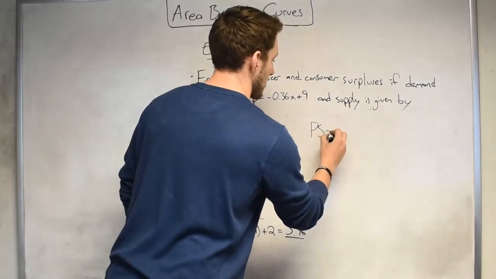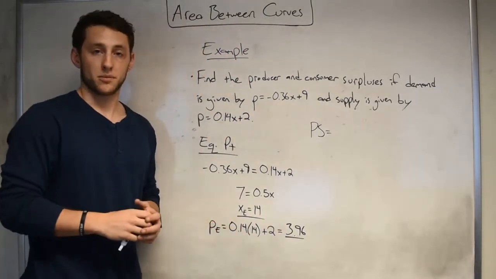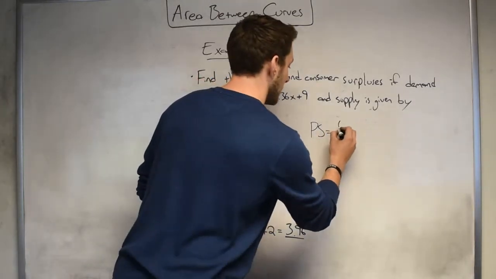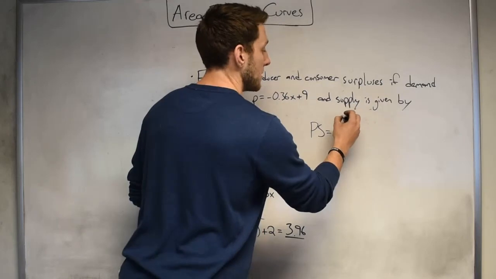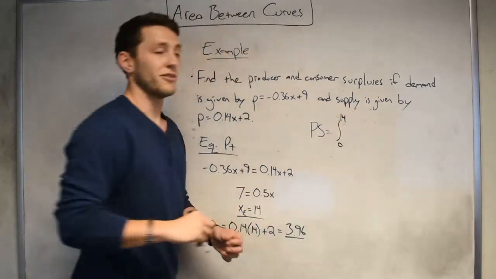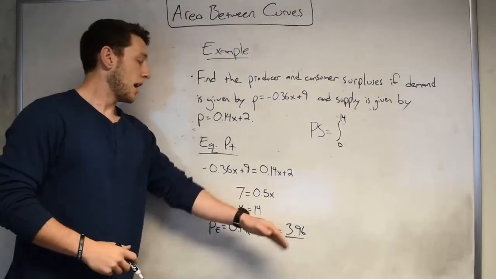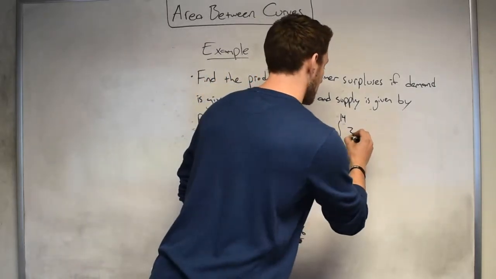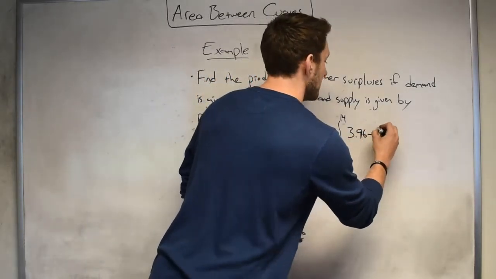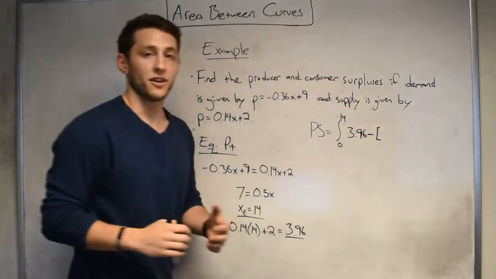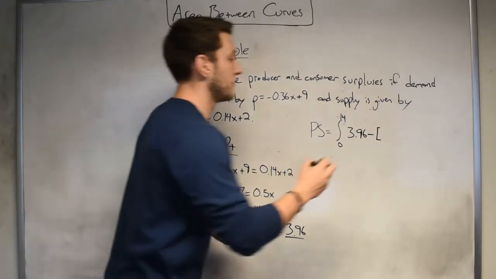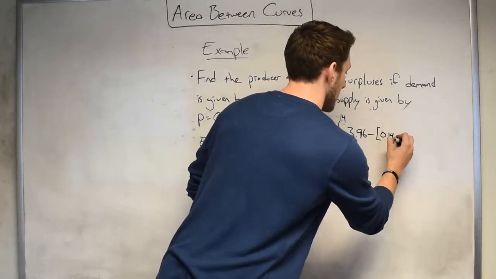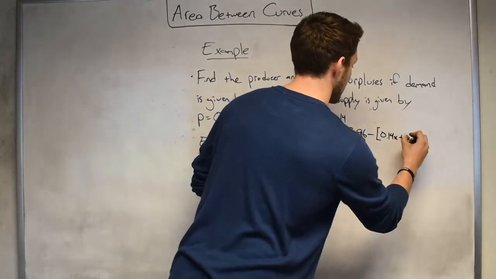Let's start with producer surplus. Producer surplus was given by the integral from 0 up to your equilibrium quantity, 14, of your equilibrium price, 3.96, minus your supply function, 0.14x plus 2.